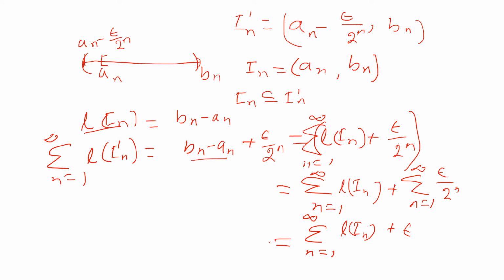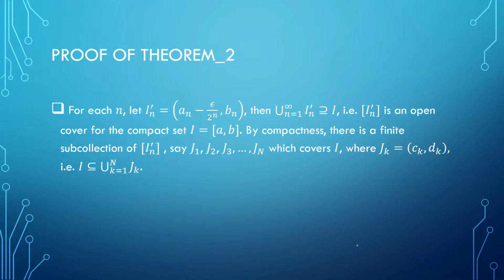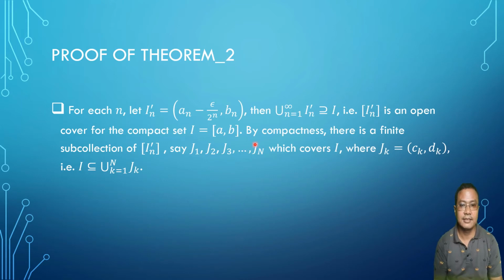Having that fact in the background, we have this one. The I_n primes are bigger than I_n, so the union of I_n is a superset of I, therefore the union of I_n prime will also be a superset of I. But the I_n primes are open intervals, so the collection of I_n prime is an open cover for the closed and bounded set I, that is [a, b].